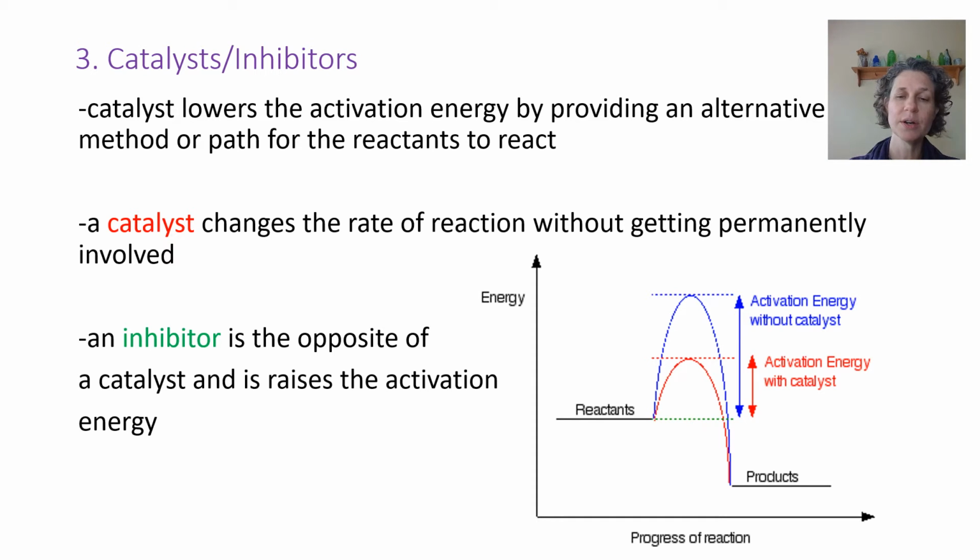Now, on the other hand, an inhibitor is the opposite of a catalyst, so it raises the activation energy. If we start here with reactants, you start building up, but now we have to go way up before we come back down and end up where we need to be, where the products are. Inhibitors can be actual chemicals, things like Fruit Fresh that you can put on apples to keep them from turning brown.